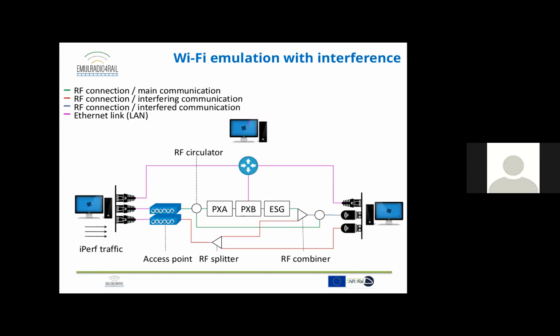For the results, here we have the final configuration that we used. As you see, we used scenario A, or option A, for adding interference. As we said before, it is the most realistic one.